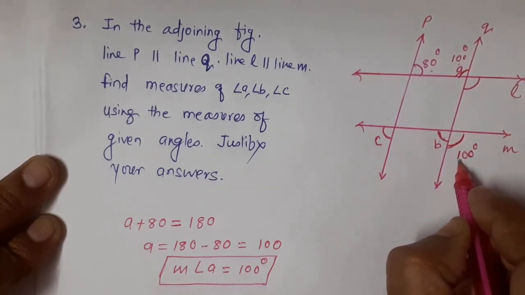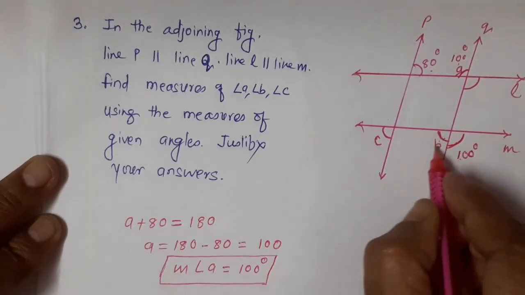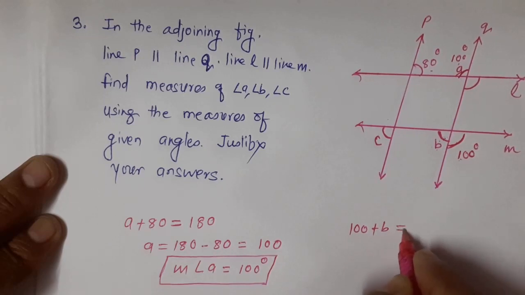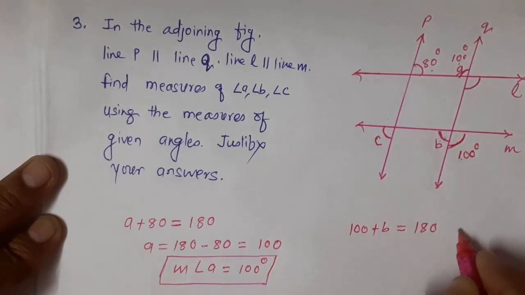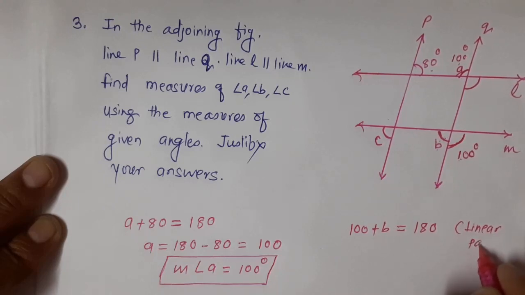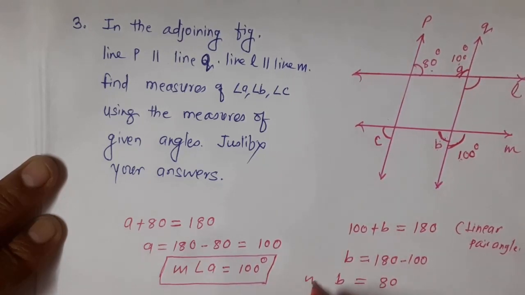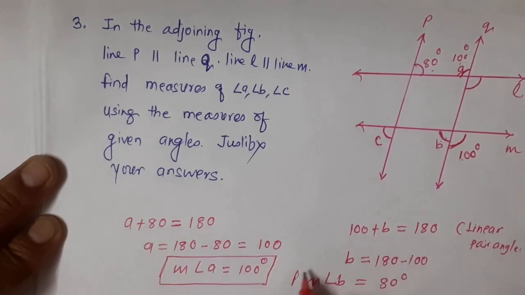Now 100 plus b is equal to 180. The reason is linear pair angles. So b is equal to 180 minus 100, which comes out to be 80 degrees. So the measure of angle b is 80 degrees, that we have found.